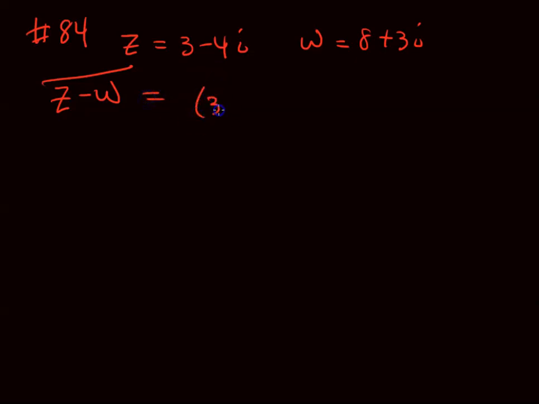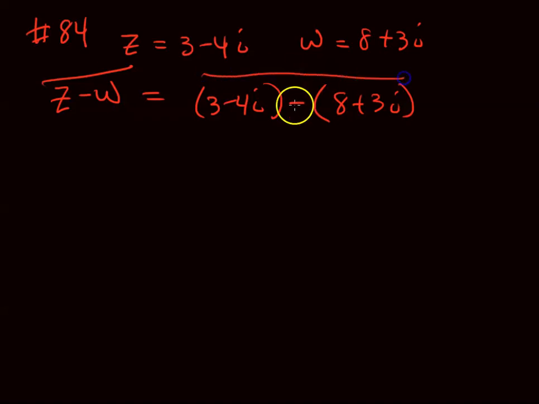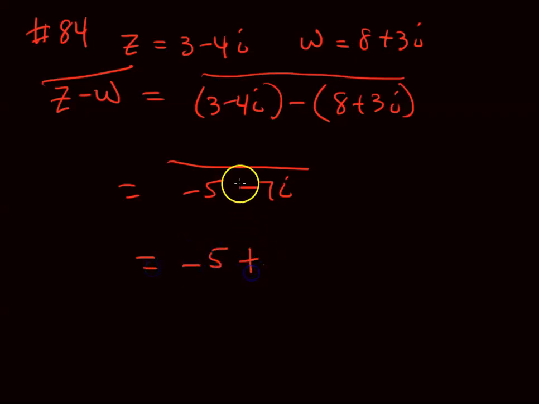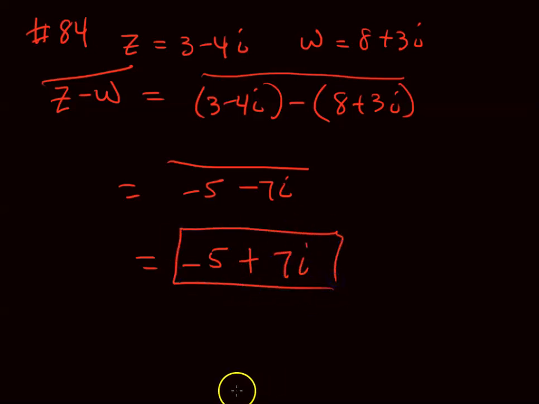It's the z, or 3 minus 4i, minus w, 8 plus 3i, conjugate. So it's 3 minus 8, or negative 5, negative 4i minus 3i, or negative 7i, conjugate, which is a negative 5, leave the first one alone, change the sign, it was minus, make it plus 7i. Does this make sense? Okay, we'll see you in the next section.